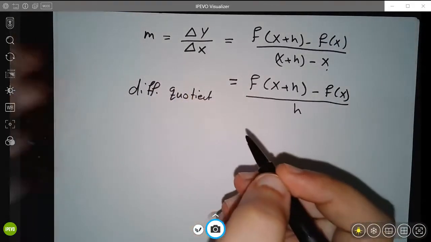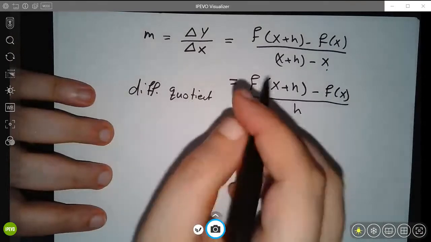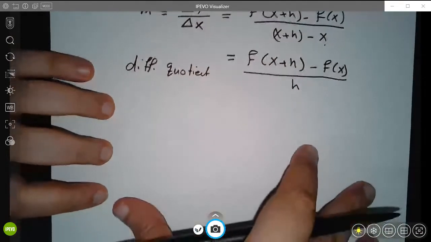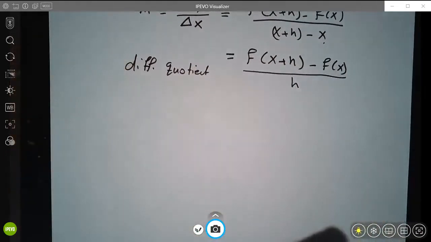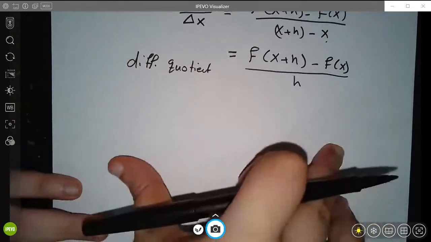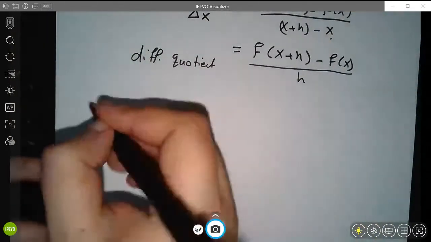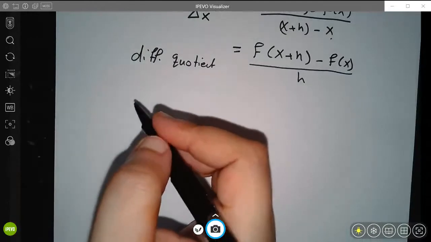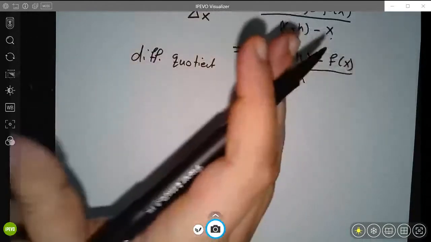All right. Now, let's look at an example and see why this is so useful. If I give you a question like this on the test, it will be in the form of number 11, number 12.